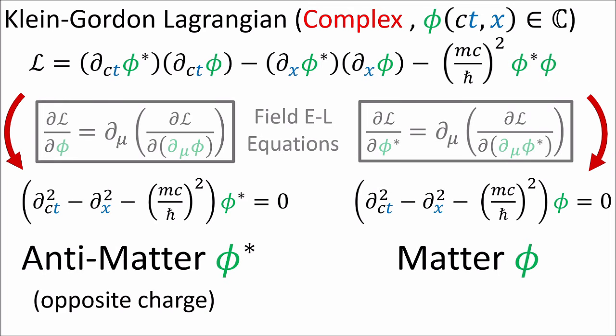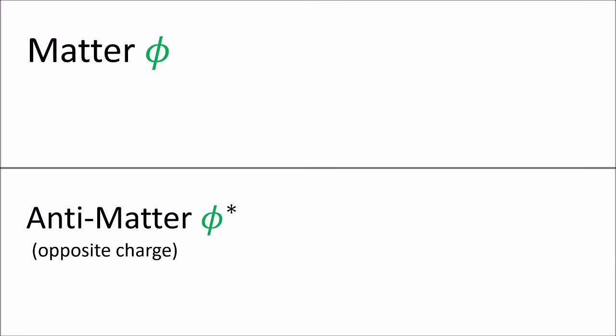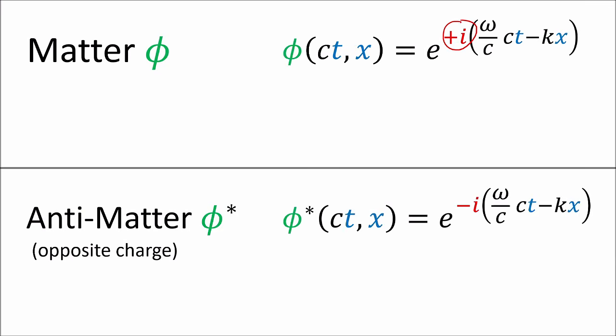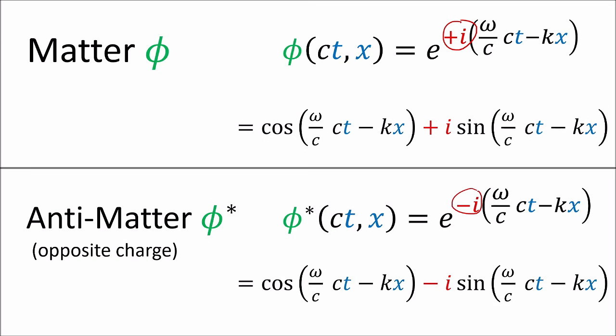So scalar matter and antimatter particles can sort of be viewed as different types of excitations in the same scalar complex field, related by the complex conjugate. So if the standard matter excitation is a complex exponential with a positive sign, then the corresponding antimatter excitation is a complex exponential with a negative sign. These two excitations have the same real part, but opposite signed imaginary parts.